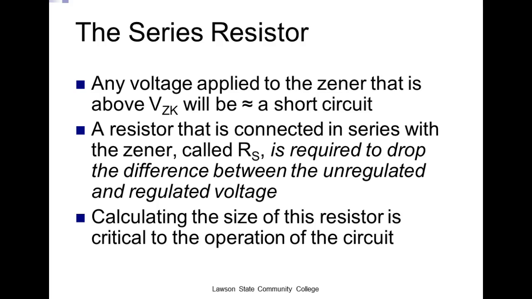A resistor is connected in series with the Zener. We're going to call it RS. What's the purpose of that guy? Yeah, it's going to drop the difference between the unregulated and regulated voltage. Calculating the size of the resistor is critical to the operation of the circuit.